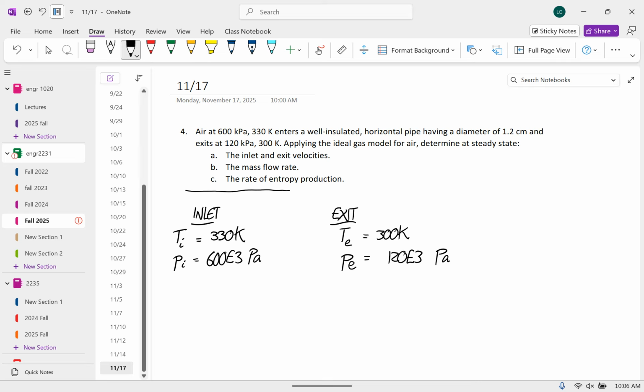It says use an ideal gas model. We want to figure out the inlet and exit velocities. It's steady state.